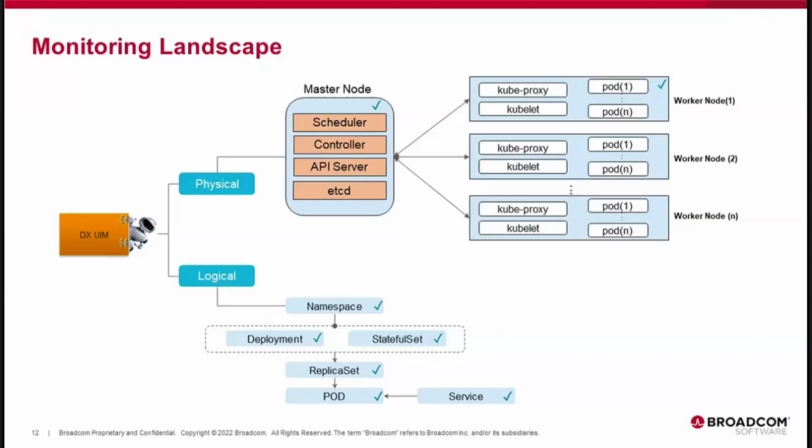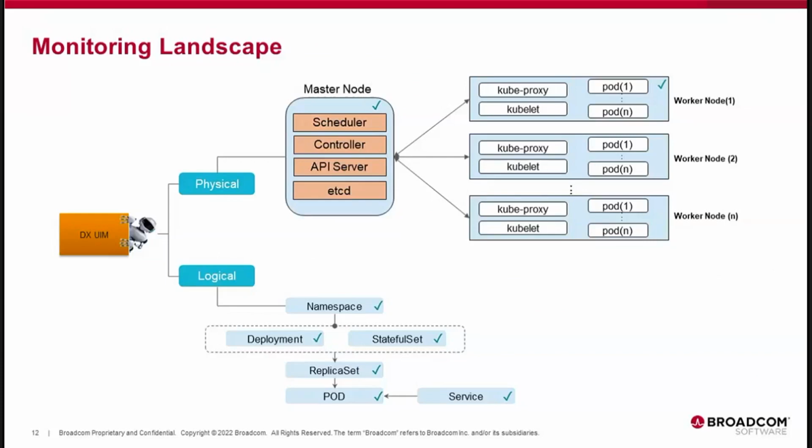So coming to the landscape of what we monitor as part of the UIM capability. The first one is the master node and all of its key entities, and all the worker nodes and the associated components, including the pods. So that's from a physical entities perspective.